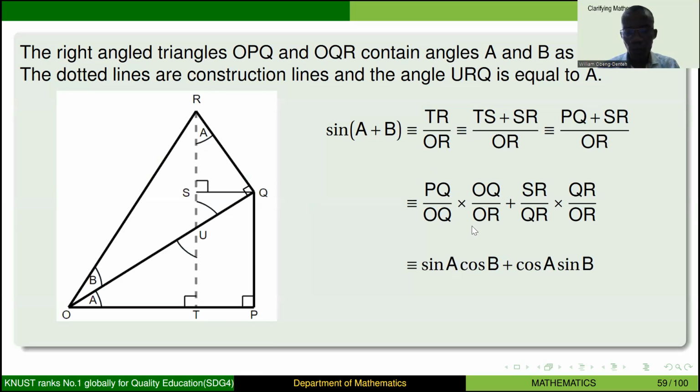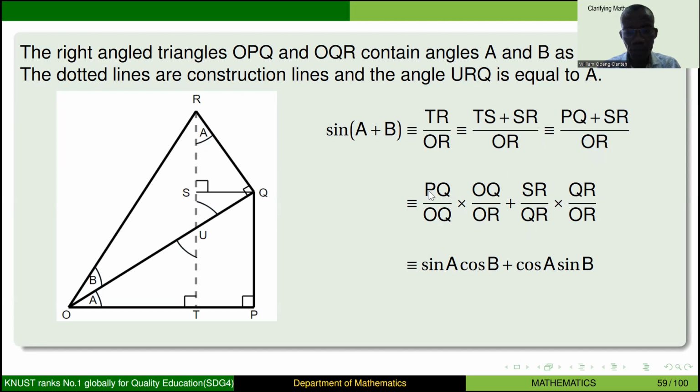So friends, we will then move on in expressing our PQ over OR in terms of two trig ratios. So over here, we want to find our PQ over OQ times OQ over OR, which will still take us back to our PQ over OR, because this and that will divide and that takes us back. And then this and that will divide and that will take us back to SR over OR.